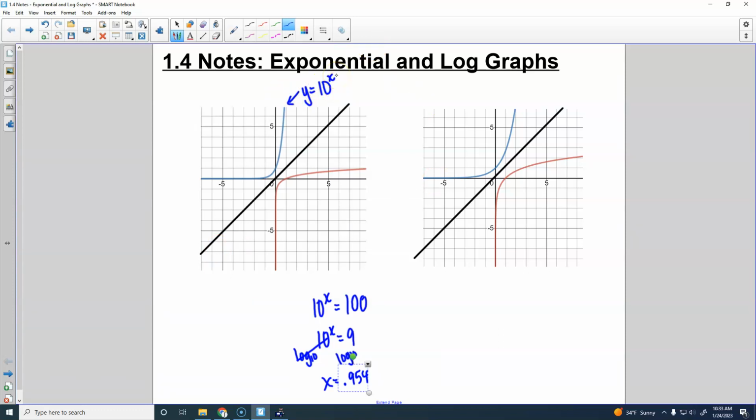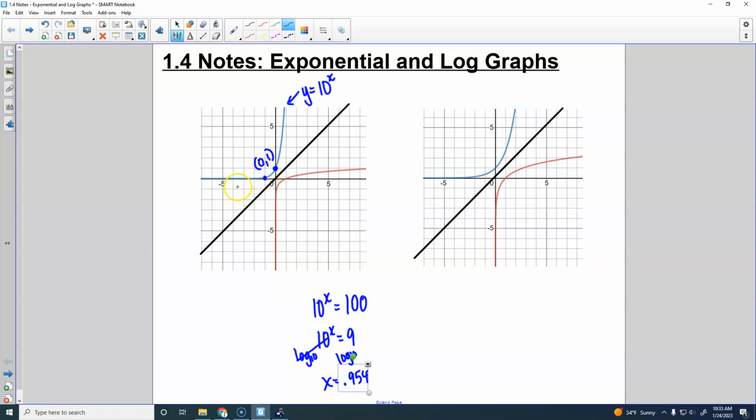There are not a lot of points on this graph that I can write in. I do have this point right here at 0, 1. I could put maybe, for example, this point right here.